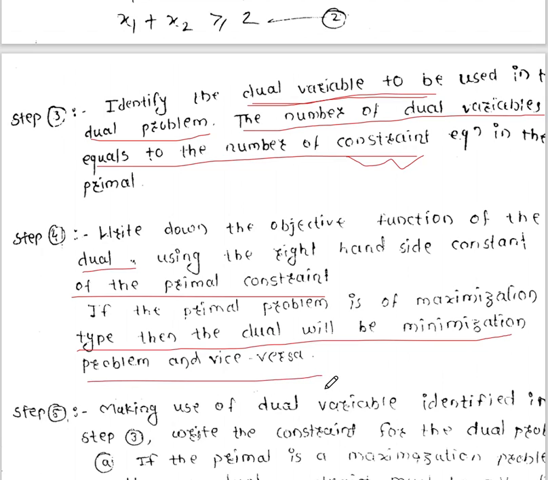If the objective function is maximization, then the dual objective function becomes minimization, and if it is minimization, then the dual objective function becomes maximization.